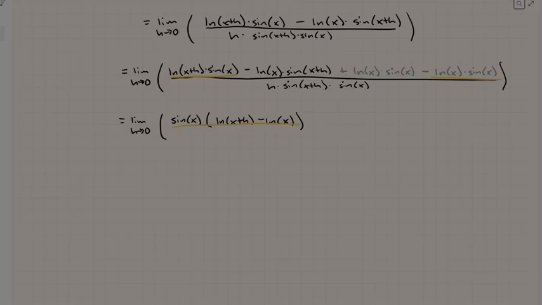All right, and so then, likewise, we're going to group these, and we can factor out ln of x from that. So then we have minus ln of x. If we factor out a minus ln of x from both of these, then we've got sine(x plus h) minus sine x.